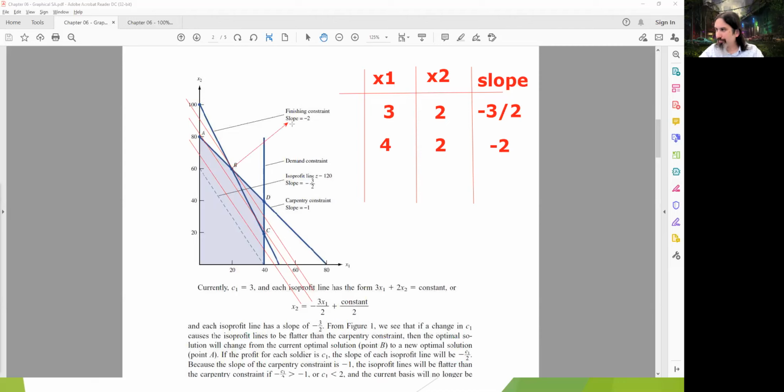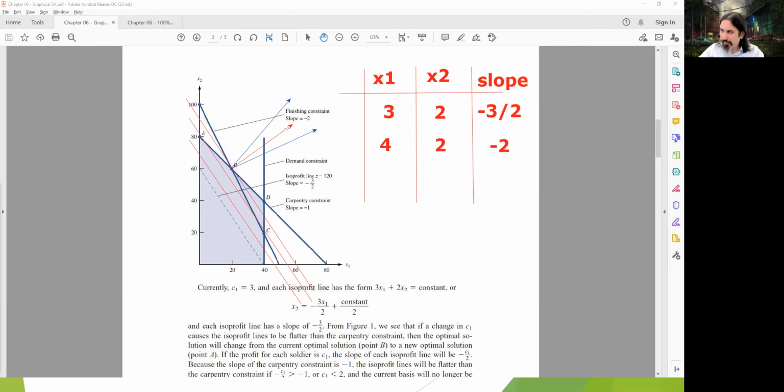This is the normal for the objective function, the perpendicular. This is another normal, for the finishing constraint, and this is another normal, like this, for the carpentry constraint.